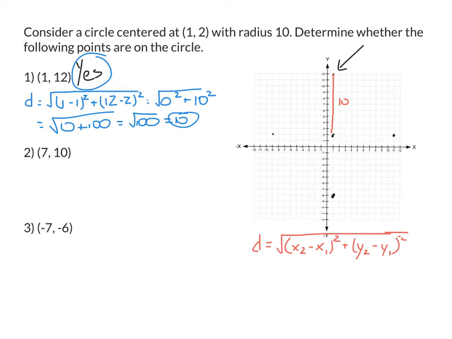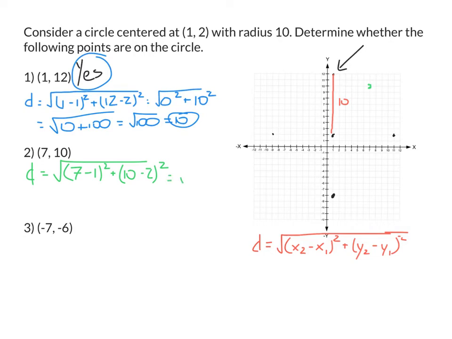In number 2, we're looking at the point (7, 10), which sits right here on my graph. Now, that looks plausible to be on the circle. Let's test. So we'll just look at the distance between these 2. So the distance, and we'll subtract our x's, so 7 minus 1, squared, plus, and then we'll do our y's, 10 minus 2, squared.